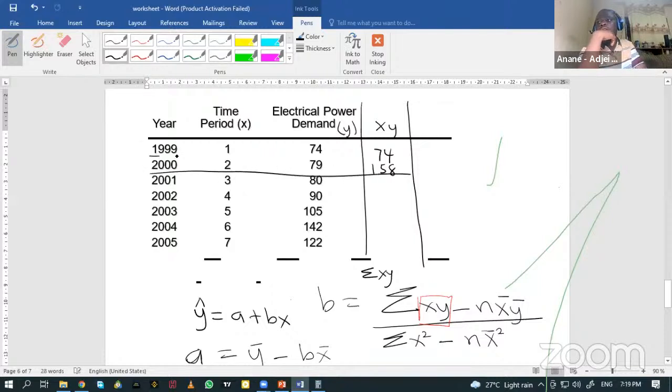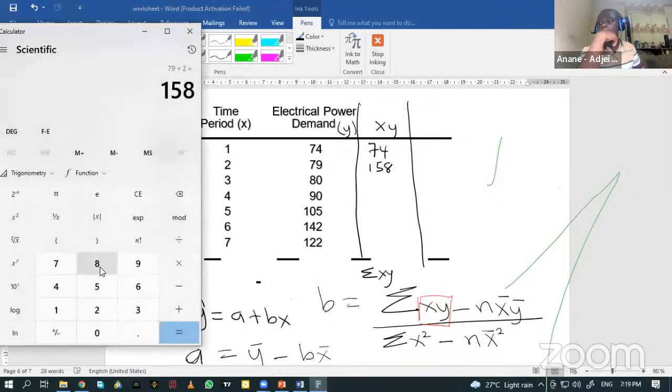I'm going to use this table to explain the margin of error. So I'm coming. 80 times 3 is 240.